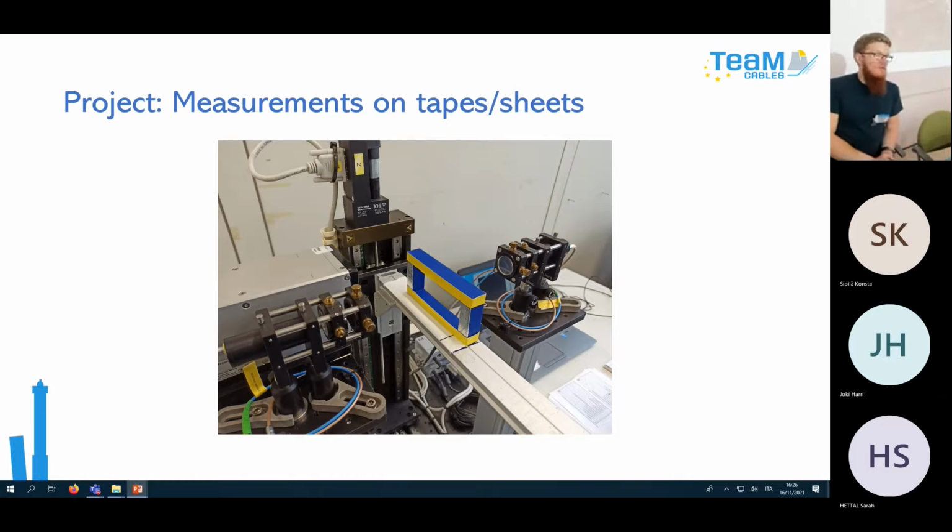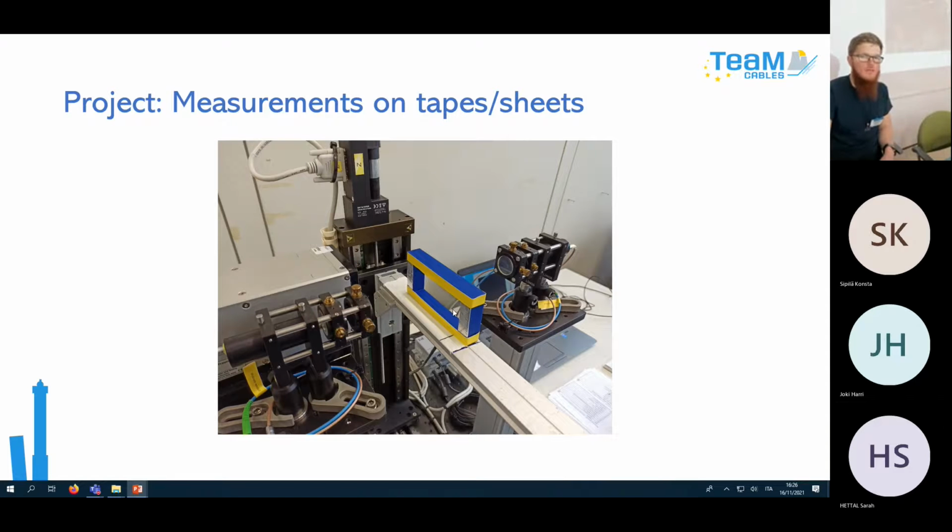This is our setup for tapes and sheets in transmission. We have a 3D printed sample holder here, where we just put on the tapes or sheets. And as you can see here, we have some metal, this is aluminium tape, that we can use as a direct reference during our scanning in the reflection mode.